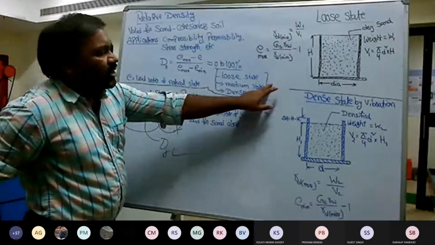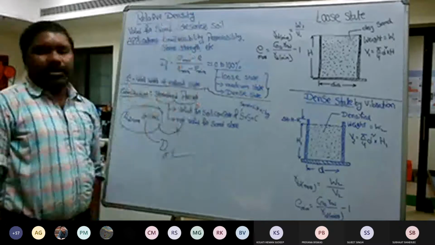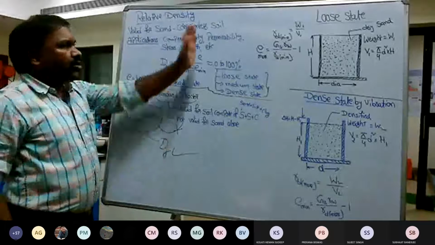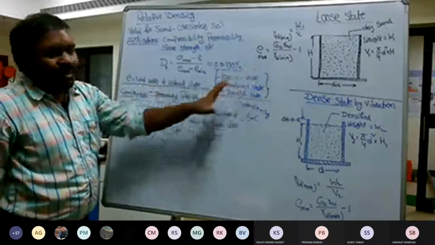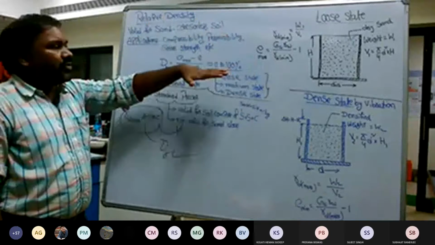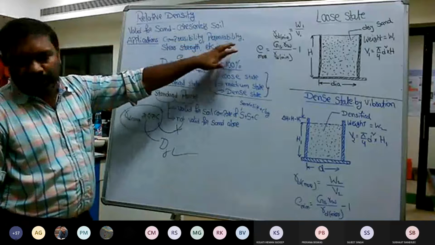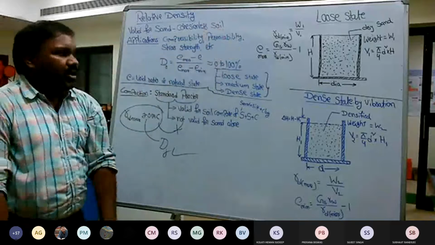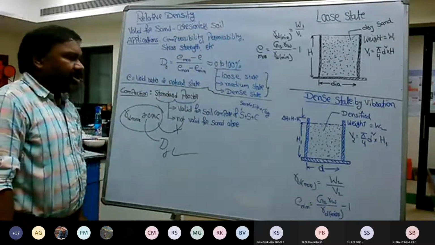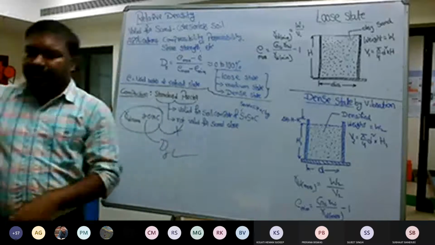So these are the obvious implications of loose, medium and dense state that you achieve by doing the relative density. Okay, so these are a few fundamentals about the relative density: its fundamental meaning, its applications in real life situations, and for what kind of soil this relative density value is used. But let us come to today's experiment.